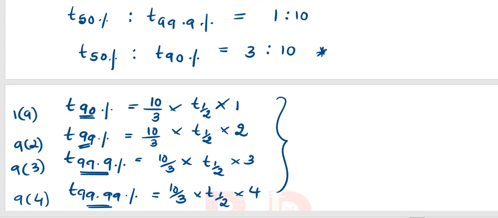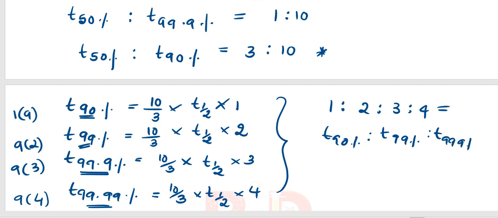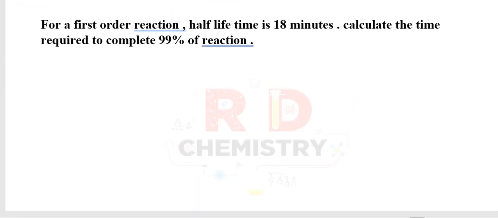Now if you see carefully, the ratio T 90%, T 99%, T 99.9% and T 99.99% are in the ratio of 1:2:3:4.